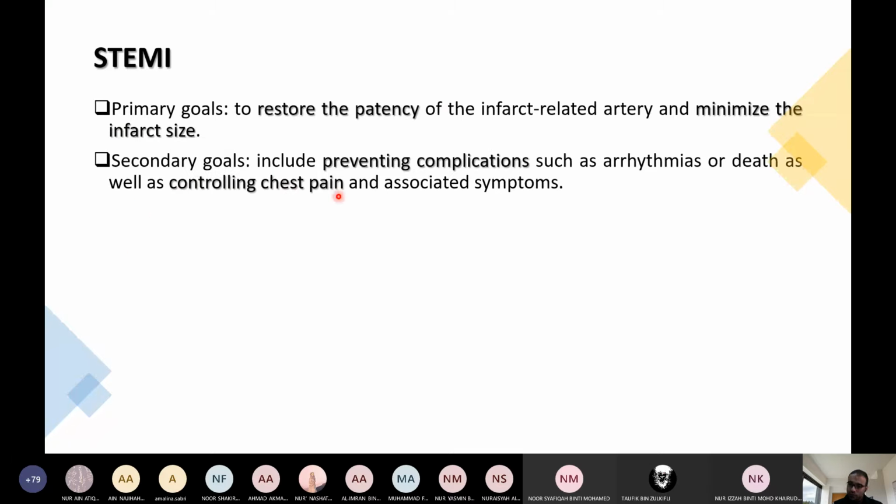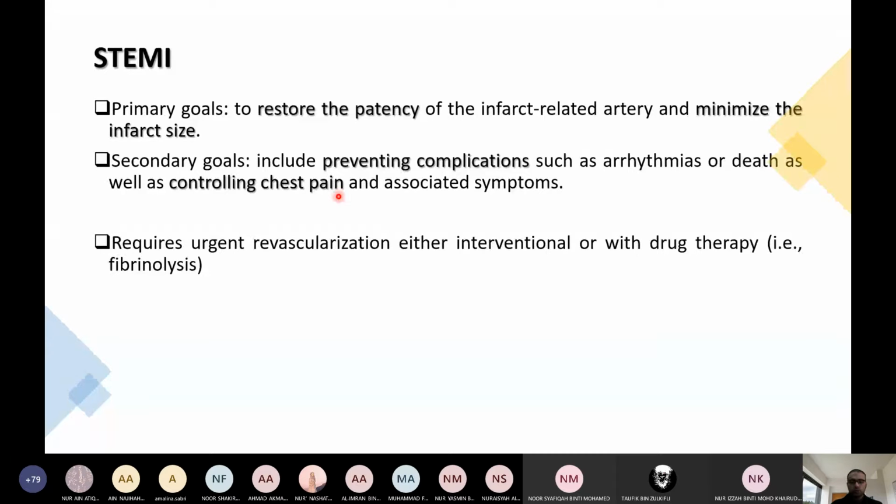The secondary goal is to prevent further complications, consequences of myocardial death or myocardial infarction. Arrhythmias are very common, and further life-threatening arrhythmic conditions may happen. And of course, overall we want to control the symptoms in the long term.